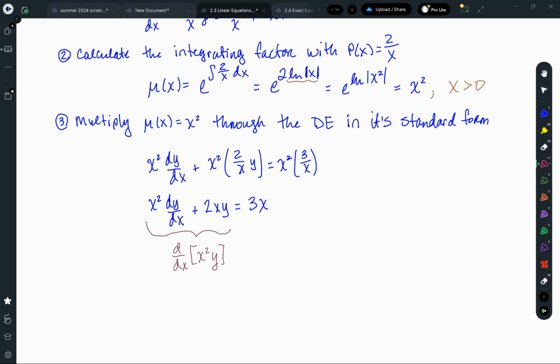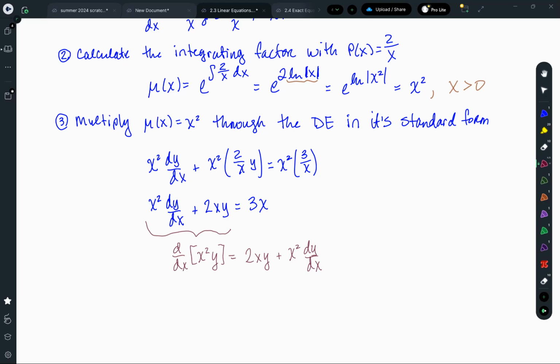If I take d dx of x squared y, I'm implicitly differentiating. Remember, the y is a function of x, so we're back to our implicit differentiation. The derivative of the first is 2x times the second is y, plus the first, the x squared, times the derivative of y with respect to x, which is dy dx. And that is exactly what the previous line says, just written in an opposite order.